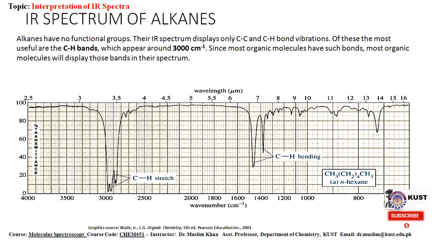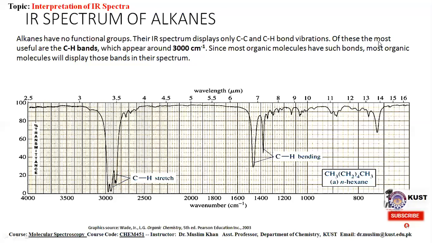So while interpreting different spectra, alkanes have no functional group. An organic compound having only single bonds between carbons displays in its IR spectrum only carbon-carbon and carbon-hydrogen bond vibrations.